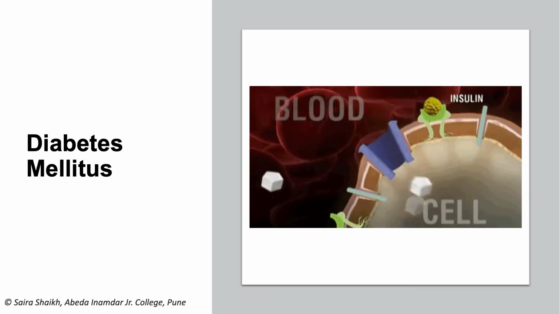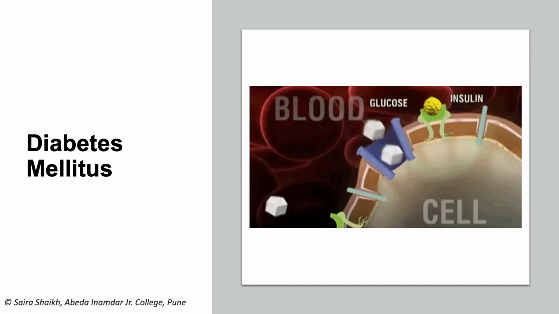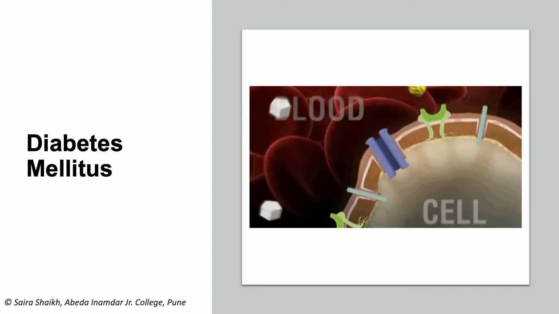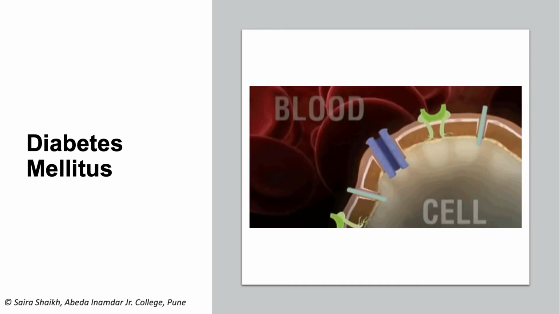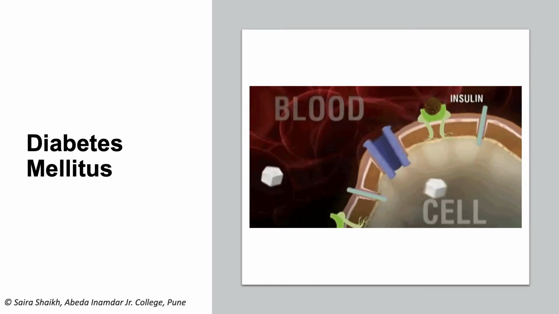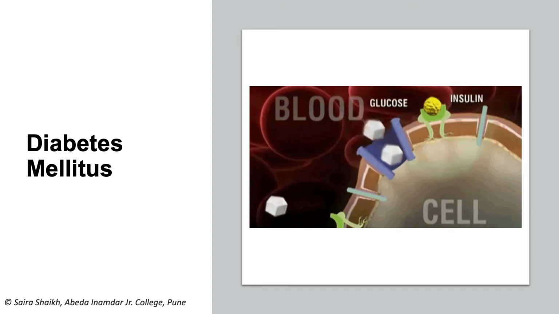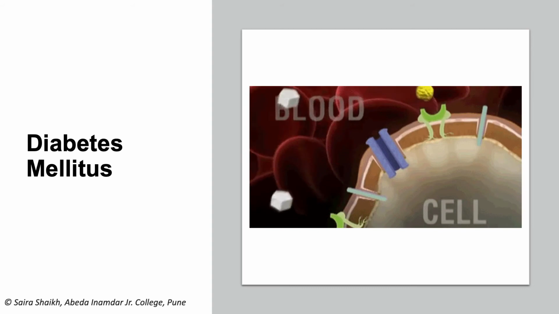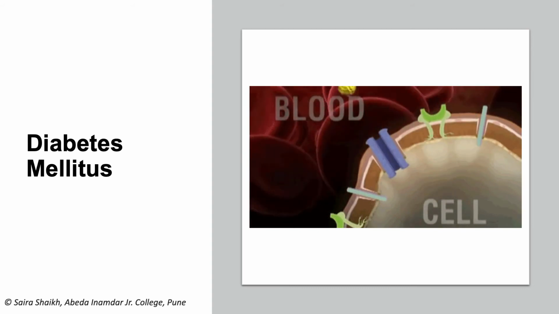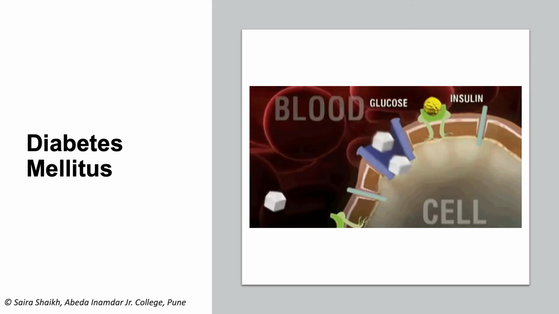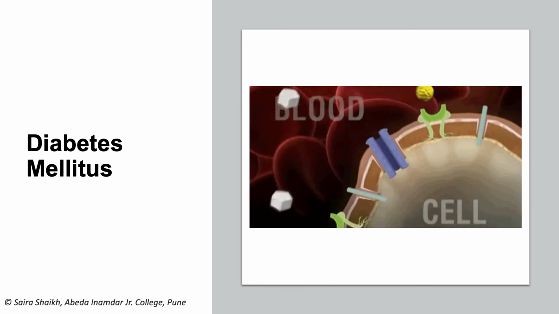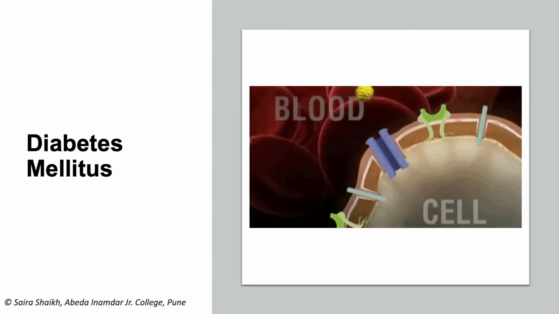Because of less insulin formation by the beta cells, the glucose is absorbed very little in the cell, and that's why the energy produced in the cell is very less. As the glucose remains in the blood, the sugar level of the blood is increased. And the condition is called hyperglycemia or diabetes.